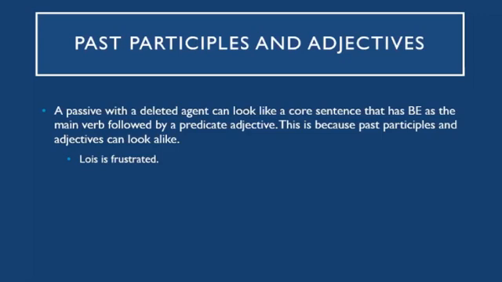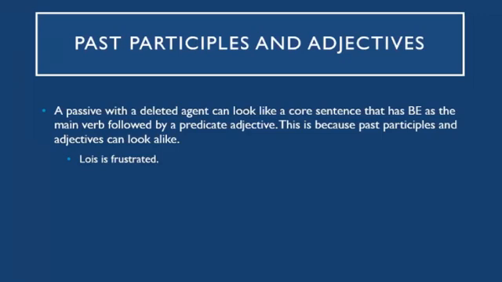Professor, you said in the first or second chapter that we can test an adjective by adding very. Excellent. Louis is very frustrated. Exactly. But as I said before, this is ambiguous. It has two readings, two parsings.